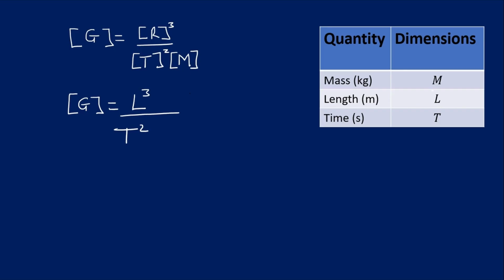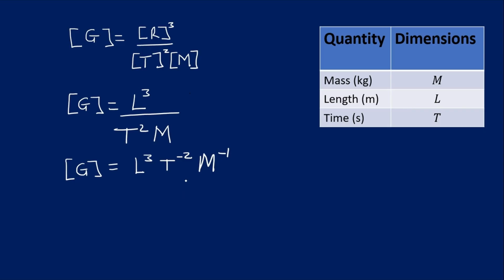The dimension of mass is M. So the dimension of G will be L cubed, and the reciprocal of T squared will be T exponent -2, and m is at the denominator, so we have M exponent -1.